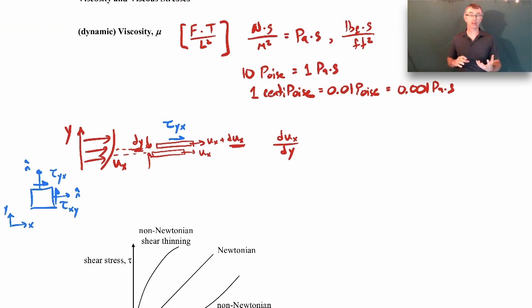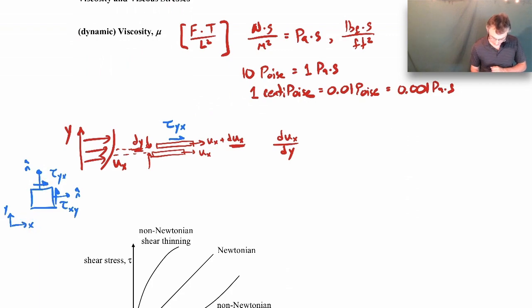So the sign convention for stresses is if you're on a positive face, meaning the normal vector is pointing in the positive direction, like right here at the top, a positive stress on a positive face points in a positive direction. So this shear stress is on a positive face, and a positive shear stress would point in the positive x direction.